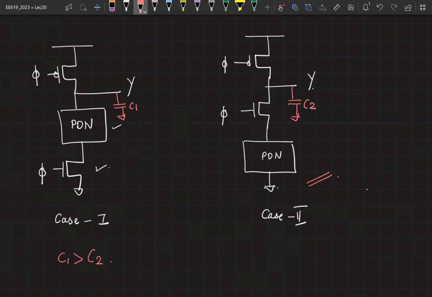That should ideally give us a smaller parasitic delay, right? Everybody agrees? Yeah, but we don't, right? Because this circuit has a problem. So please think about why we would prefer the case 1 circuit over case 2. You can think about this and we can discuss this in the next class. Is the question clear? So this is the second homework for you.